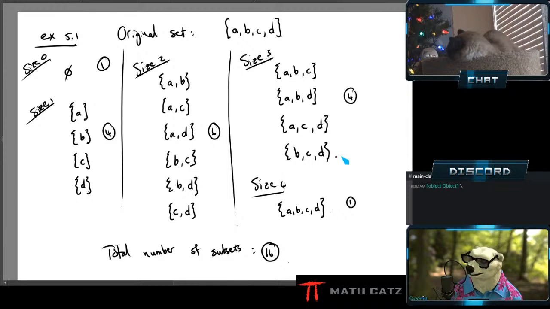All right. Now, yes, you could see perhaps already that if I made my original set bigger, making this list is going to be very much impossible after a while. But that's not our goal really here.